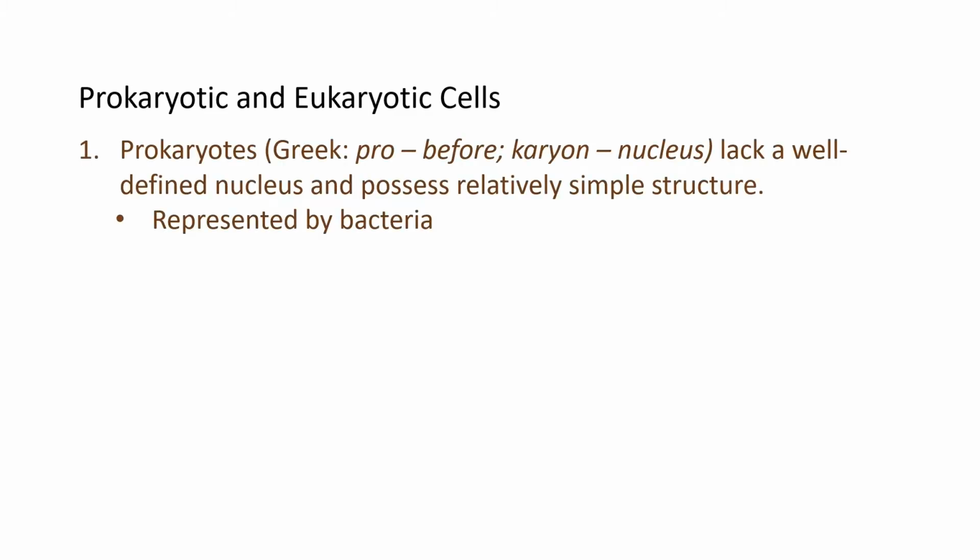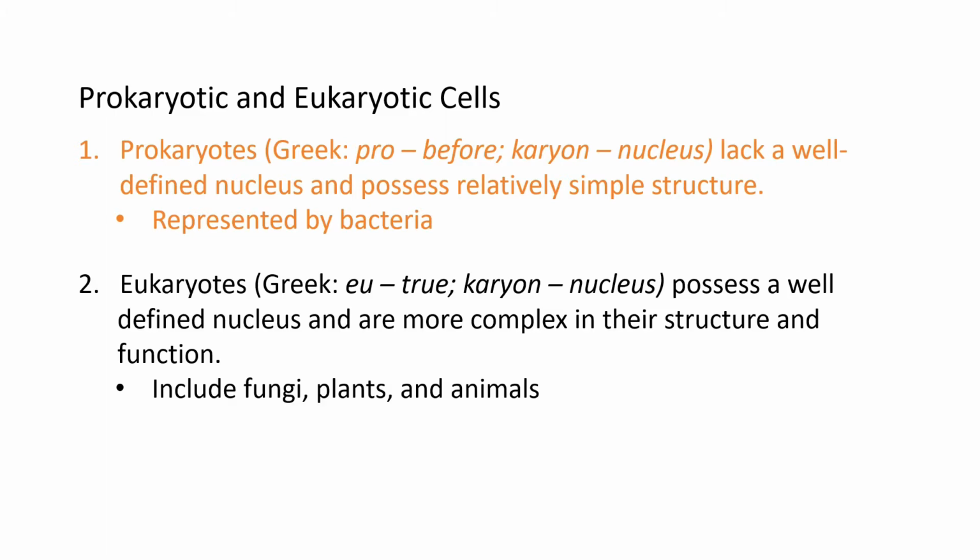So when we say prokaryotic or prokaryotes, which comes from the Greek words pro, which means before, and karyon, which means nucleus, these are cells which lack a well-defined nucleus and possess relatively simple structure, and they are being represented by bacteria.